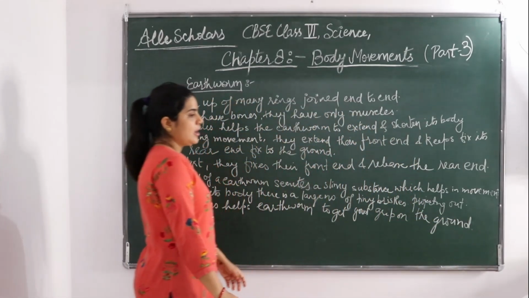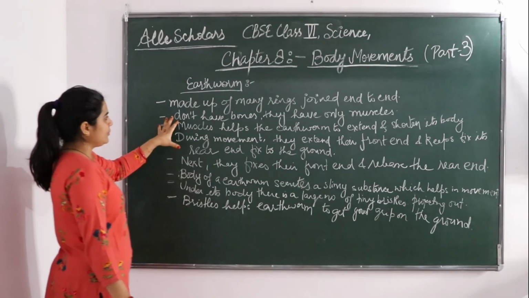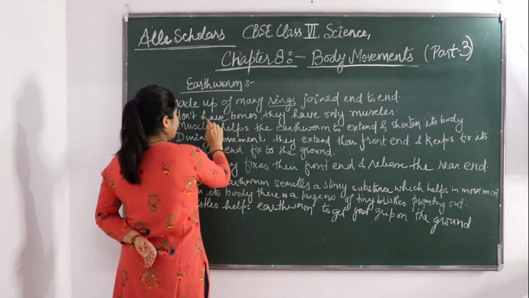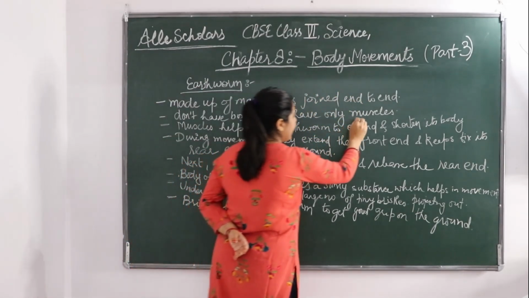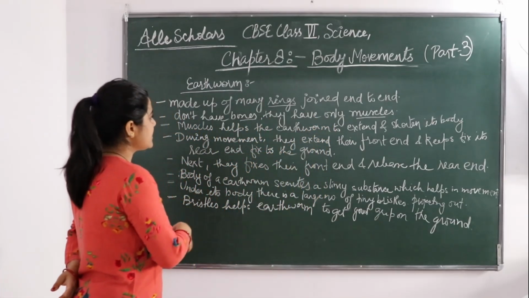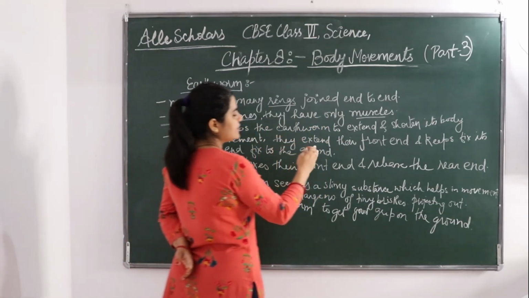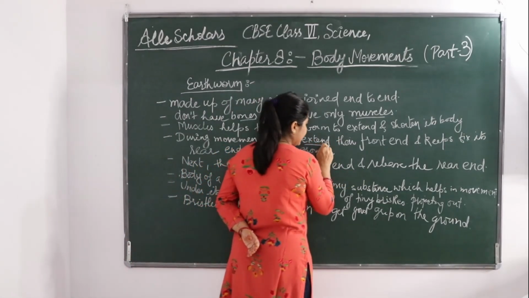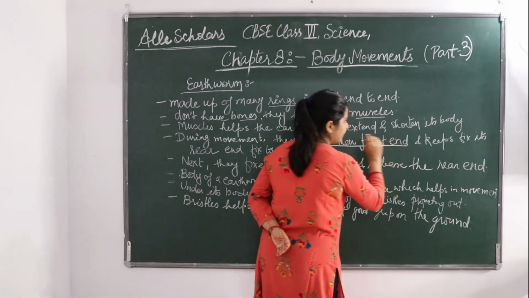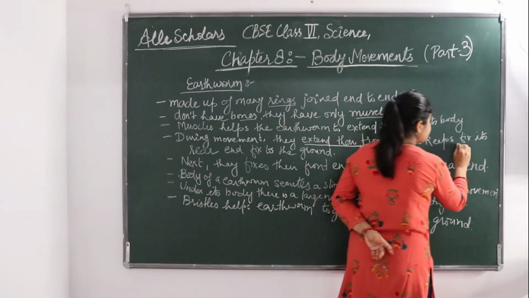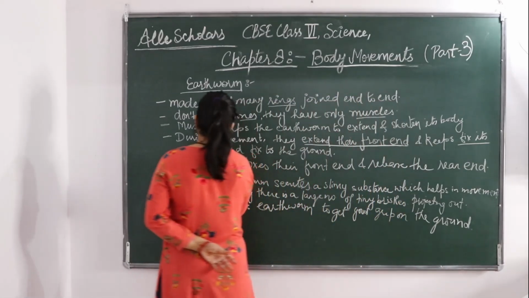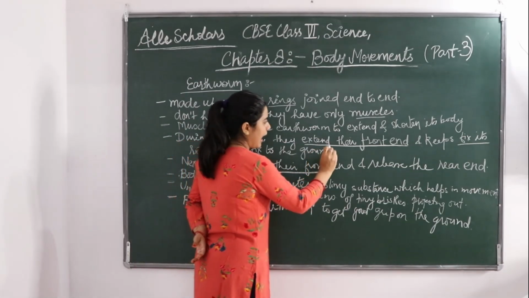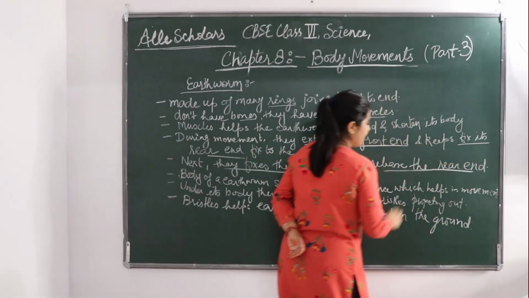So the earthworm is made up of many rings joined end to end. Muscles help the earthworm to extend and shorten its body. During movement, they extend their front end and fix the rear end. Then they fix their front end and release the rear end.